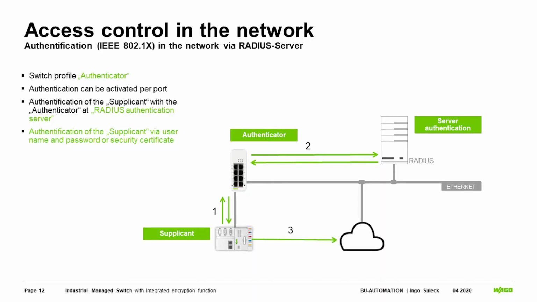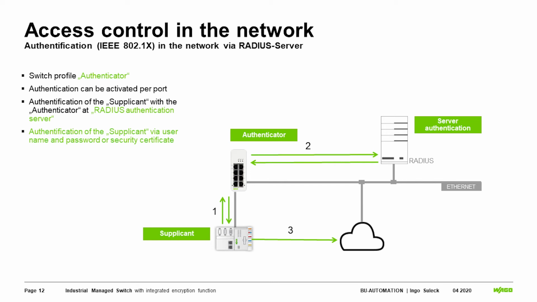We are talking about the authentication, 802.1X, and you need a RADIUS server for that as well. In my example, the WAGO PLC has a connection with a switch. And if you activate the feature in the PLC, then in the moment of an uplink, the PLC will send the authentication certificate or a password and the name of the user.